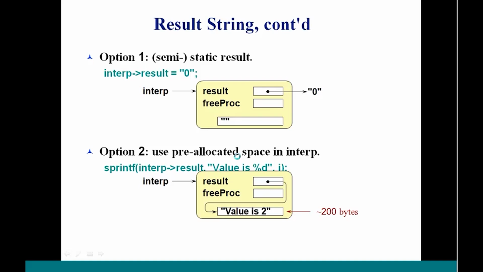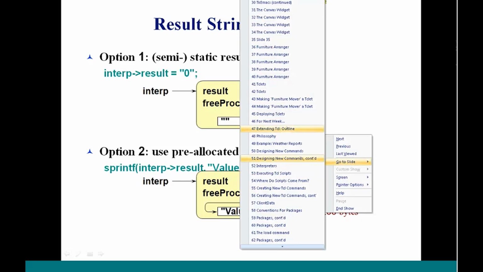So sprintf, the interpreter result, value is %d and then i. That results in this kind of UI where we have the result as a pointer here, and then free proc, there's a value for that.